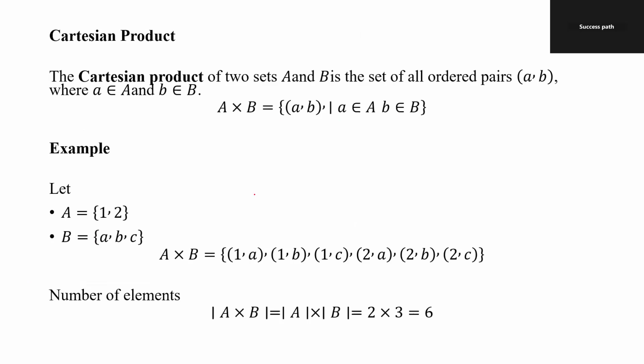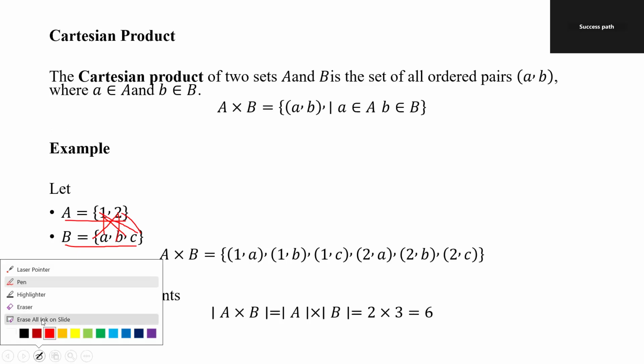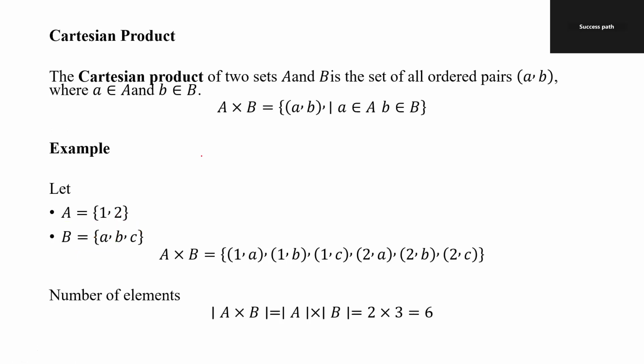For example, A = {1, 2}, B = {a, b, c}. I am going to multiply 1 with a, b, c: (1, a), (1, b) and (1, c). After that I multiply again with 2: (2, a), (2, b), (2, c). That is the meaning, the multiplication method.